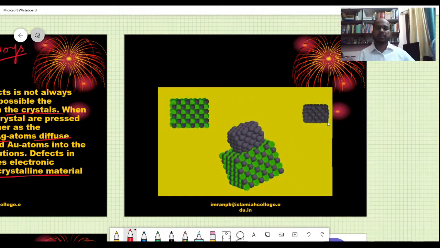This is a separate crystal and this is a separate metal. This crystal already has an arrangement of some cations and anions. Okay. Now when you diffuse it here, it sits on there.